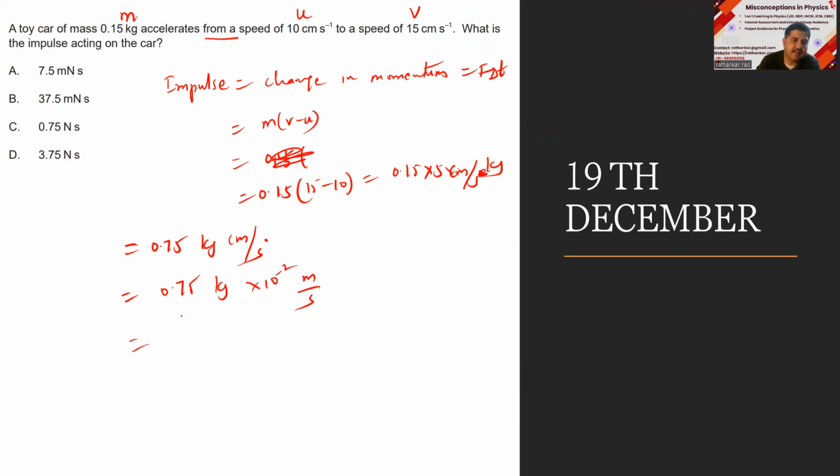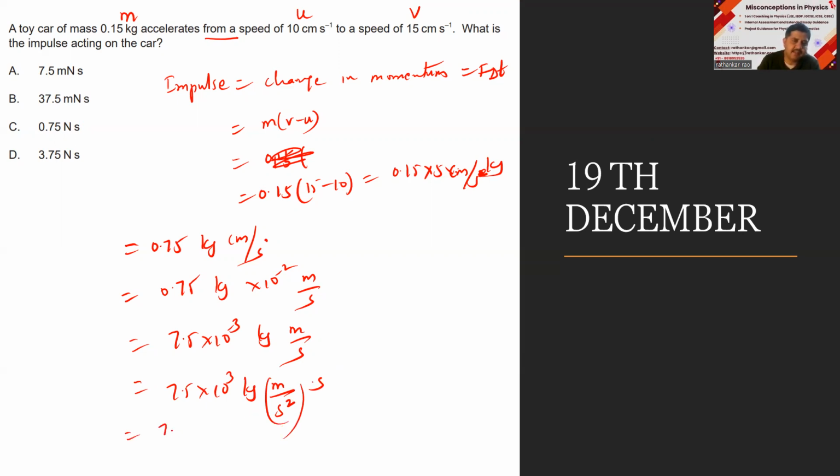Now what I will do is I'll write 0.75 as 7.5 into 10 power minus 3 kg meter per second. But you want it in terms of Newton second. So I can now write this as 7.5 into 10 power minus 3 kg meter per second square into second. What is this acceleration? What is this mass?